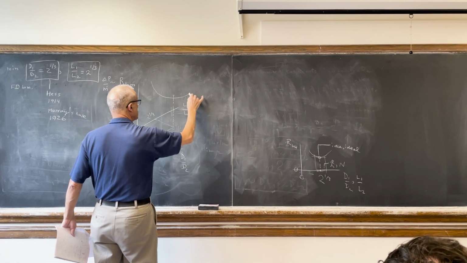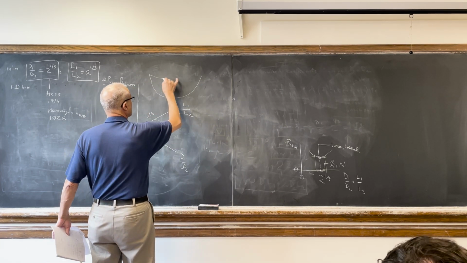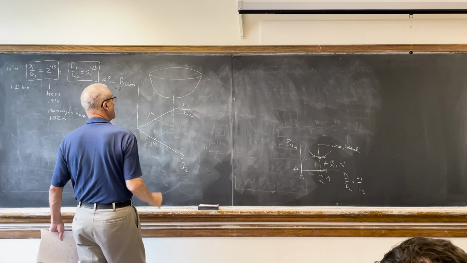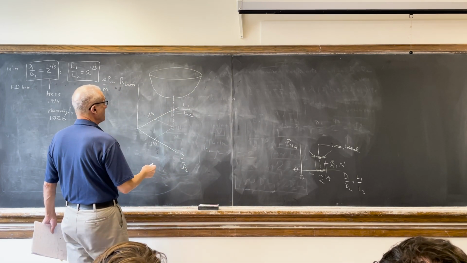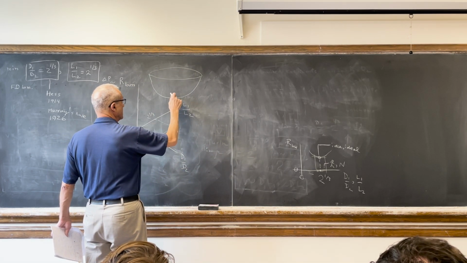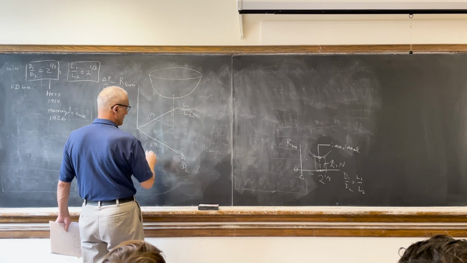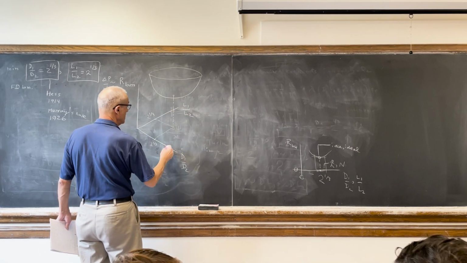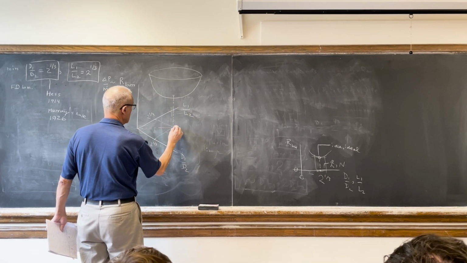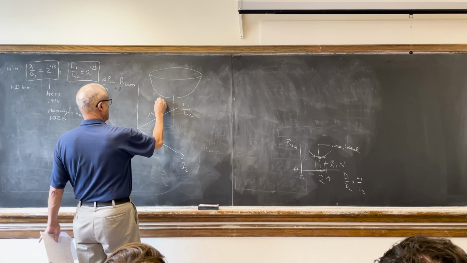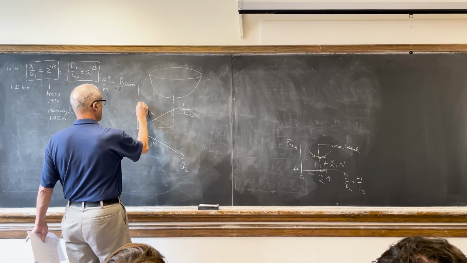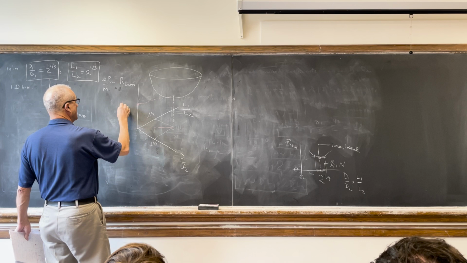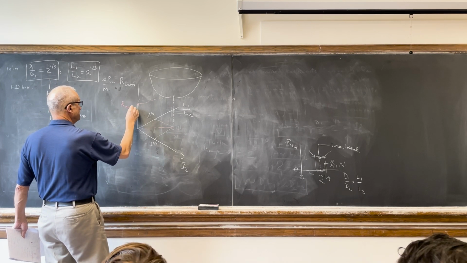So here is that function. It may look like this, and this is the bottom of the bucket, and the value called R minimum would be that.